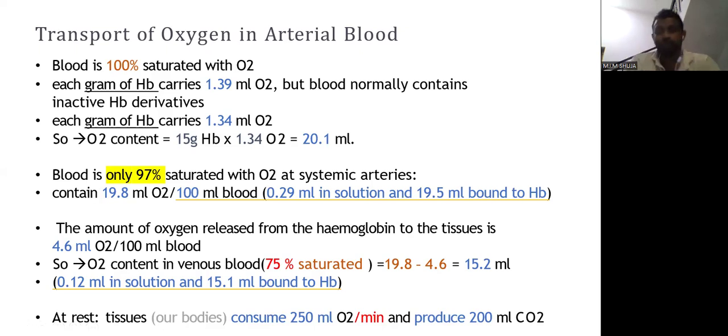At the venous point, the oxygen saturation is 75%. So roughly at rest, our body tissues consume 250 milliliter of oxygen per minute and produce 200 milliliter of carbon dioxide. So that we saw in the last lecture, the respiratory quotient, 0.8. Just refresh your last lecture, okay?